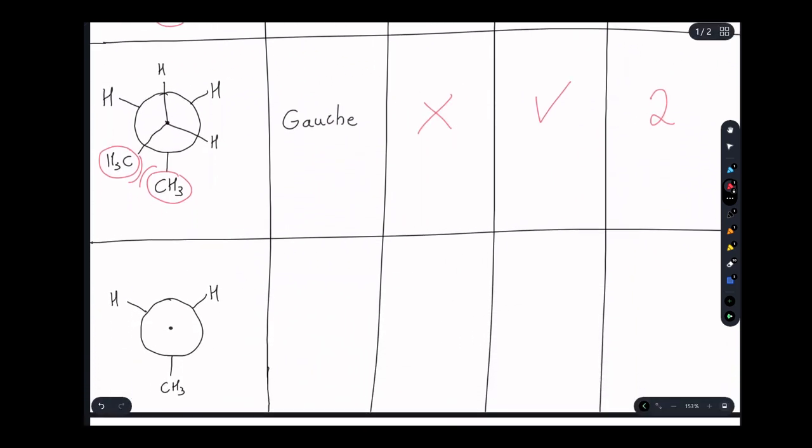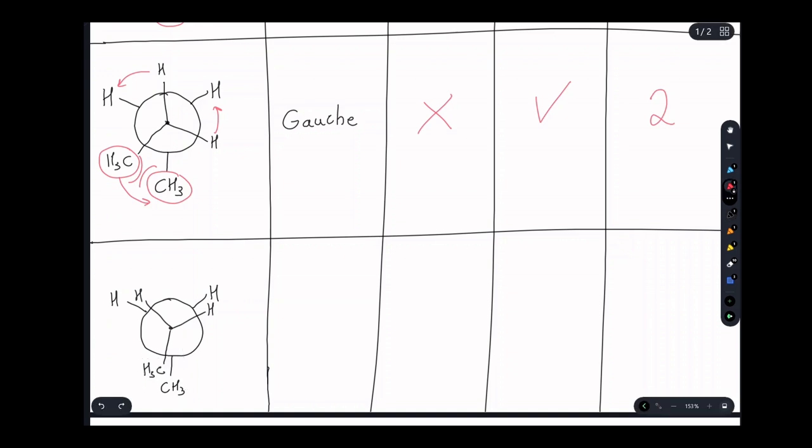Now, last but not least, or I guess you could say least, we're going to move these groups again, making them eclipsed, and now we're going to eclipse those 2 methyl groups. So we can see how that's going to look here, where our hydrogens are eclipsing, but these two methyl groups being together is pretty catastrophic.